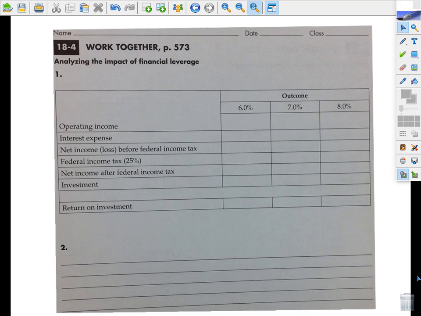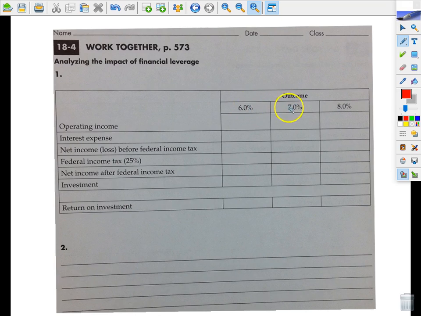So what we're going to do is analyze the impact of leverage with really three different scenarios. So let me explain what this is all about. You see this outcome column, and there's a 6%, 7%, 8%. What this is referring to is, what if we have a 6% increase in operating income as a result of this renovation?